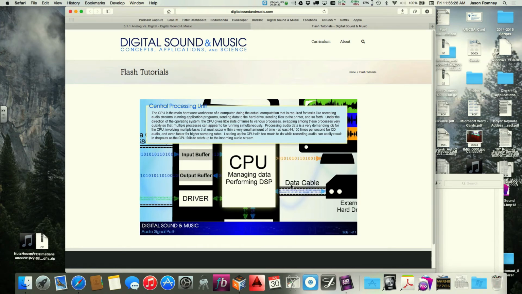One of the things that most programs have is what's called a freeze button. And what hitting the freeze button does is essentially offline render all of the effects you're applying. So if you're hitting that CPU spike and you want to take some work off of it, you can hit the freeze button and it'll render everything for that track, and essentially it'll stop processing all those plugins live.